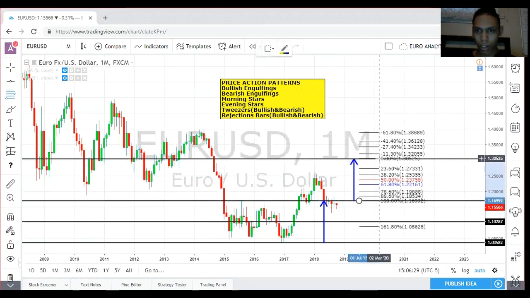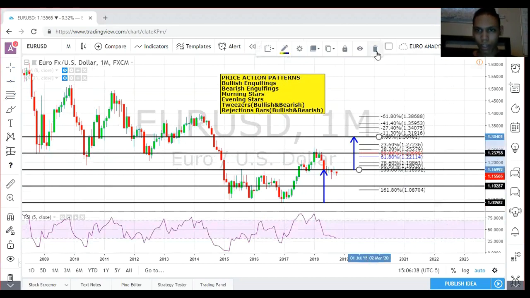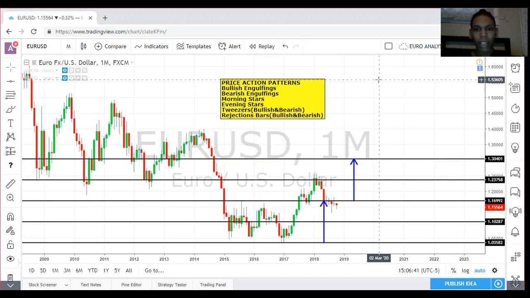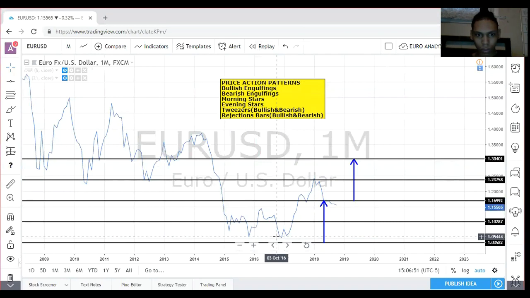So yeah, we're just gonna go right into it and go from there. We're just gonna do a line chart real quick, and you can see that price reversed perfectly right here, broke it, went way down, found support, rejection, support.